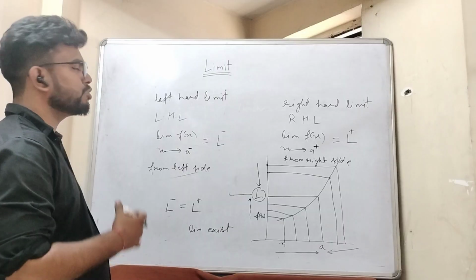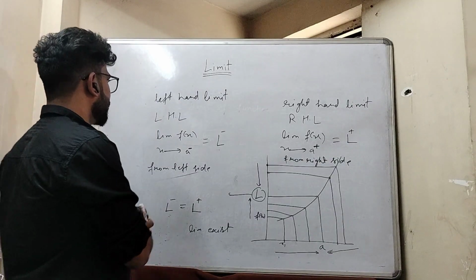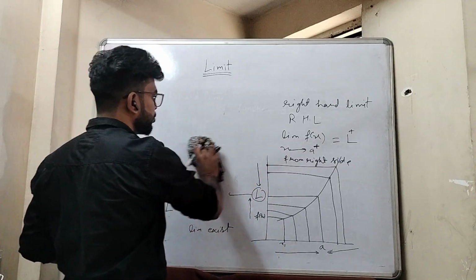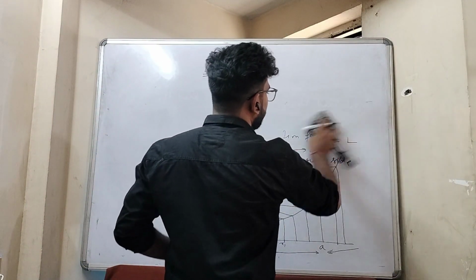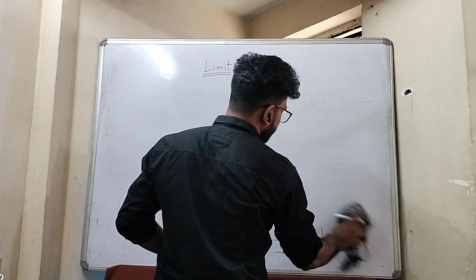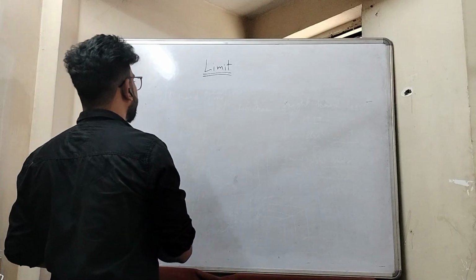Now we will learn how to evaluate the limit of a function. There are actually a lot of different ways to evaluate the limit of a function, but the most common way is direct substitution.